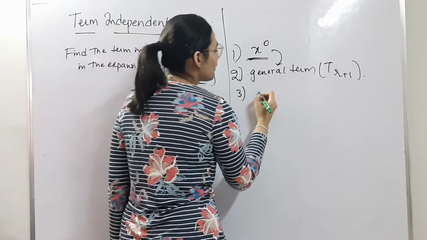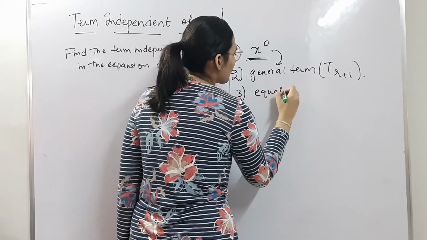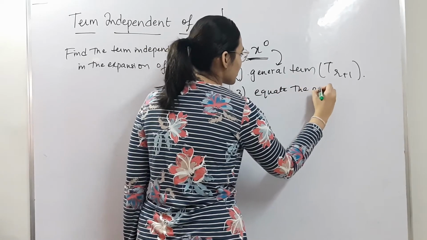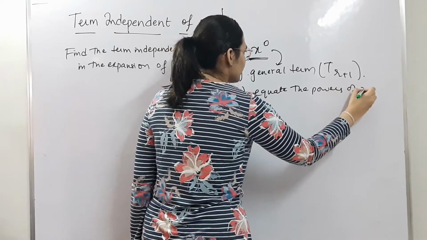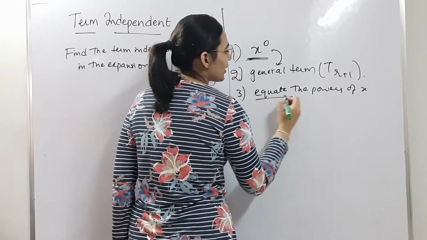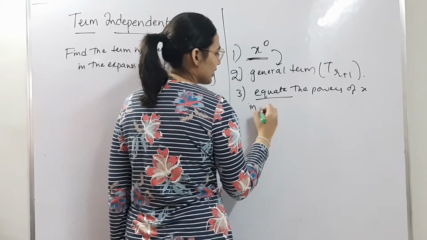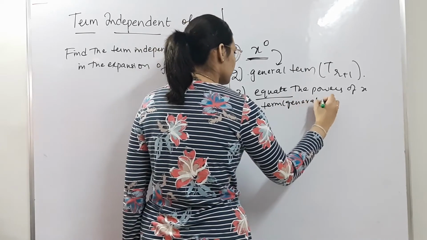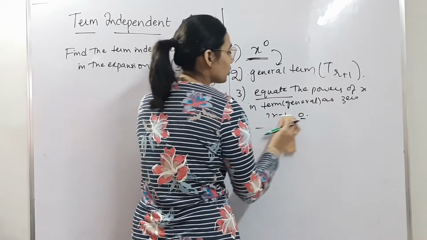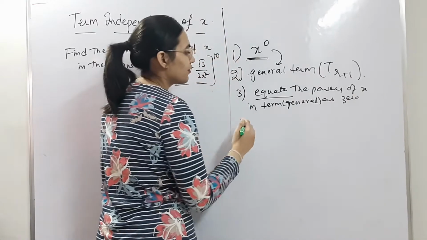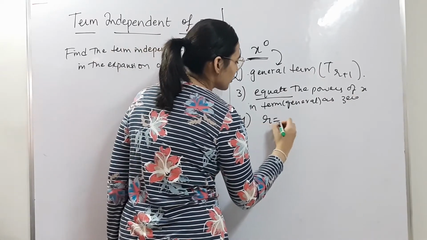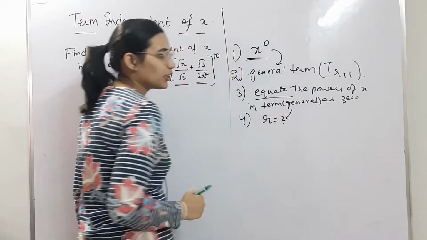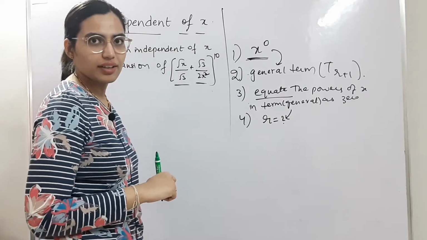Then we'll equate the powers of x in the general term to 0. Doing this, we will get the value of r. When you equate the power, you will get the value of r.